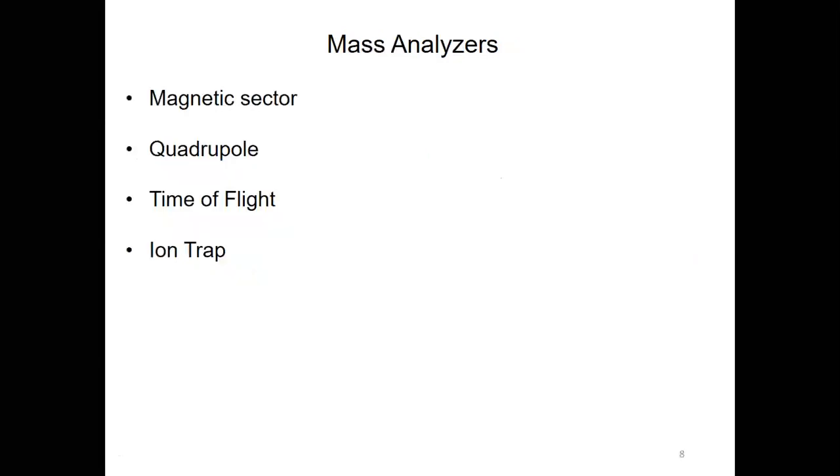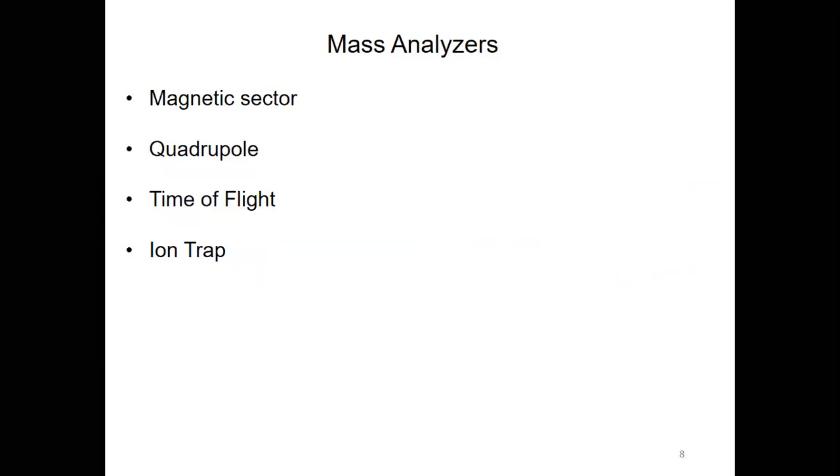Once the sample inlet injects the sample, it ionizes in the ionization source, then goes to the mass analyzer. In the mass analyzer, the ions separate into different regions based on the mass to charge ratio.